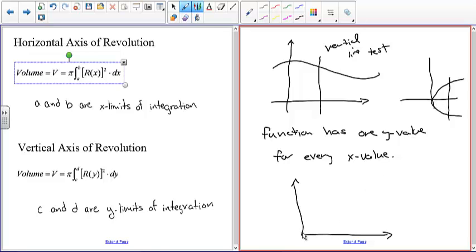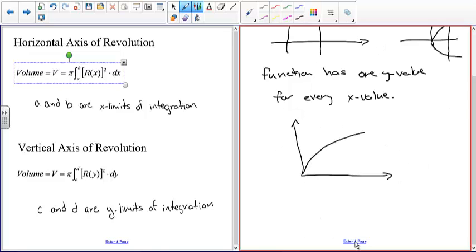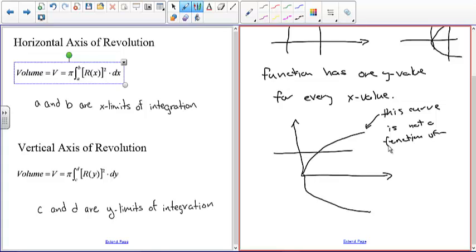Because if I take that same relationship and, instead of using a vertical line, I used a horizontal line, then with a horizontal line, it only intersects one place. So the way I would say this is this curve is not a function of x, but is a function of y.